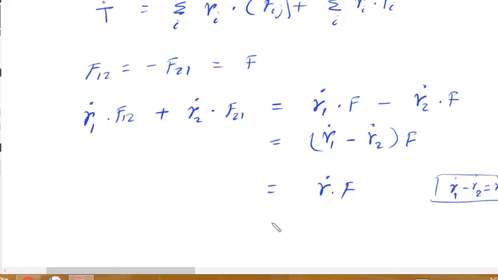And there are some special cases in which the force does no work, and may be omitted from the energy change equations.